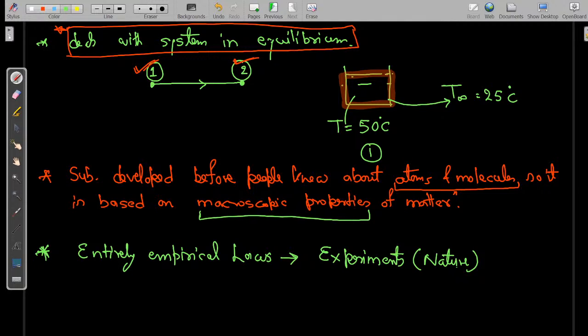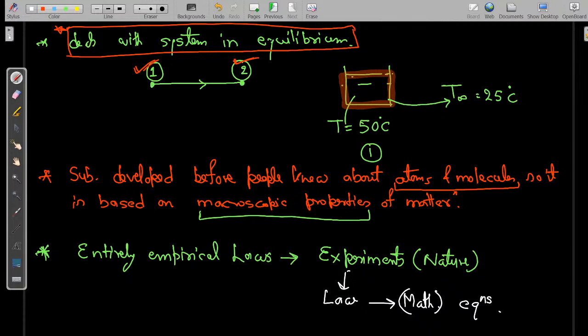We did experiments and we found different laws with the help of experiments, and with the help of a tool which is called mathematics, we expressed these laws in some form of equations.